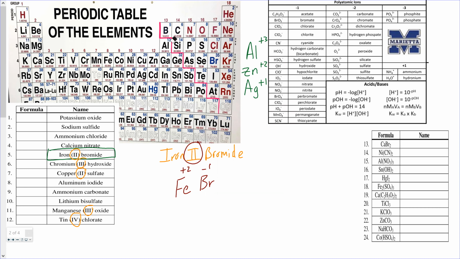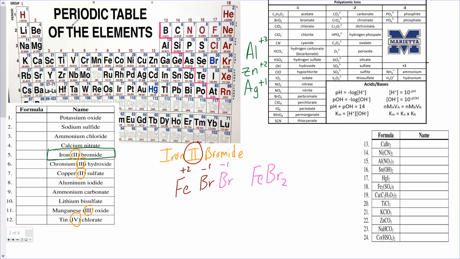Kay said we probably need another bromine. Yep, good job, Chloe. So we need to add another bromine, Br -1. Now we can write our formula. We need Fe, one of those, and then we need 2 Brs, so I'm going to put a 2 right here. FeBr2.